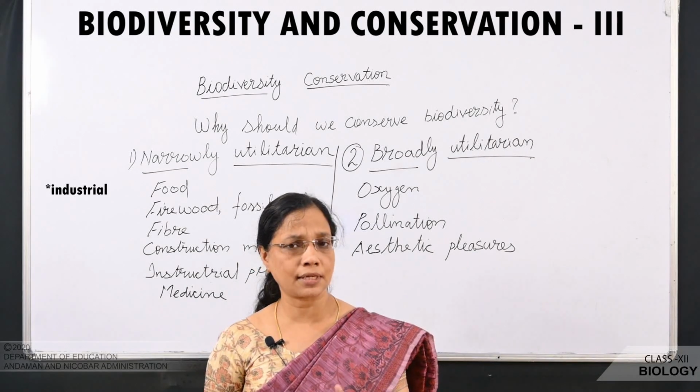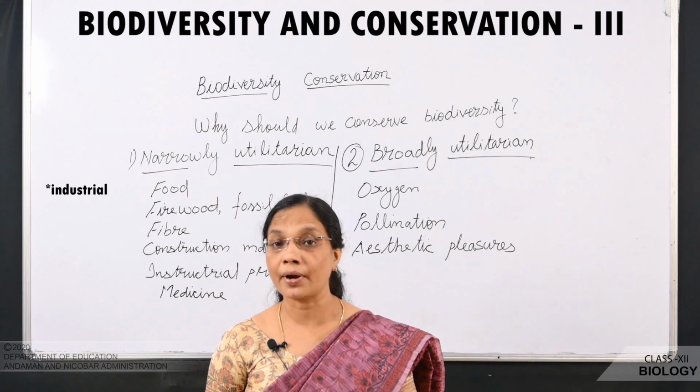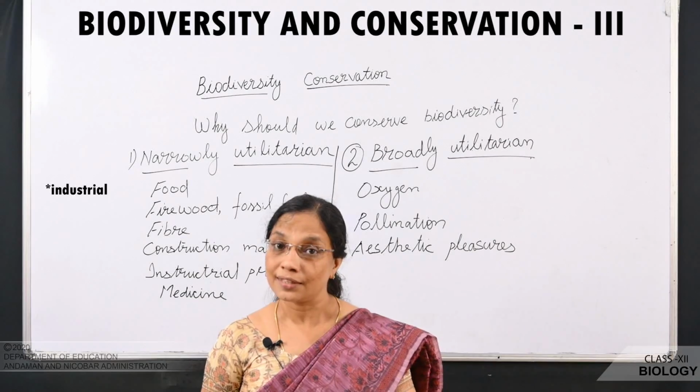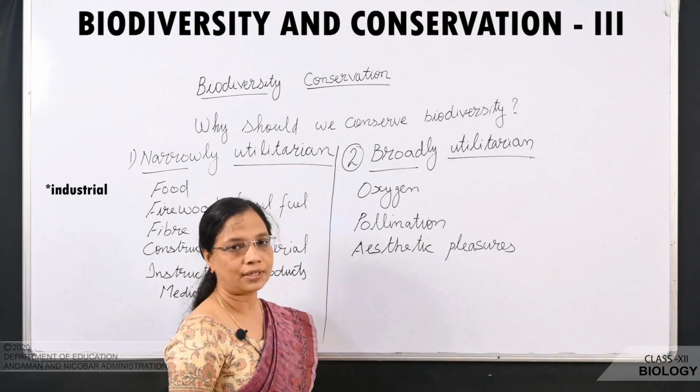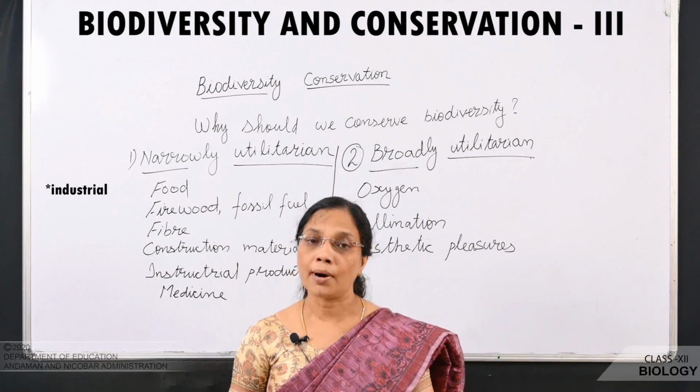These are the aesthetic pleasures we are getting from the nature. Can we put a price tag to these services provided by nature? That is why it is known as broadly utilitarian. So, what is broadly utilitarian?